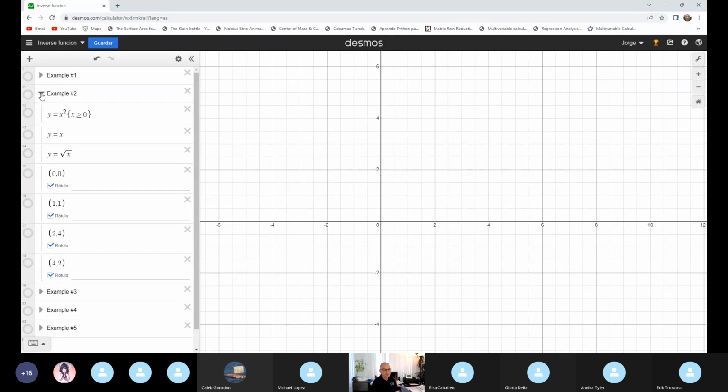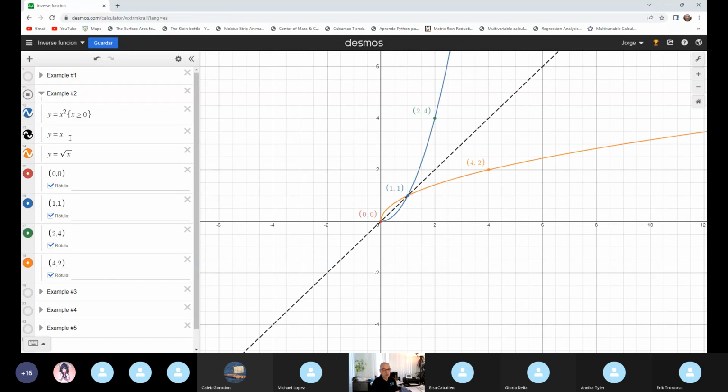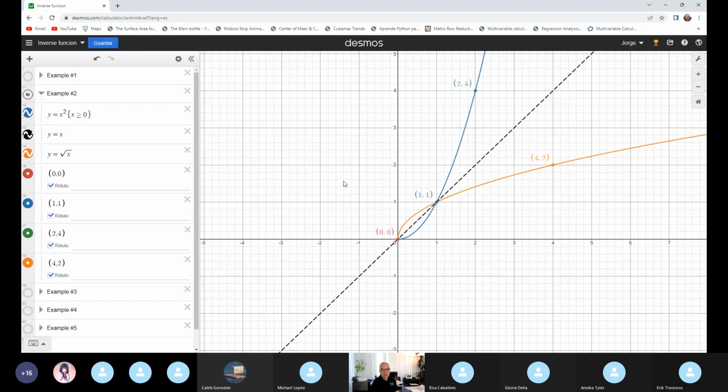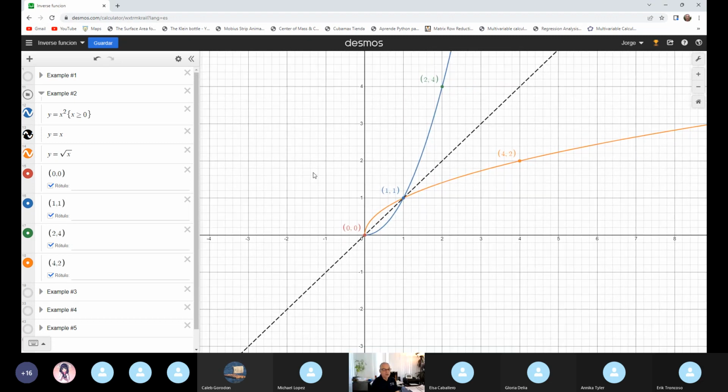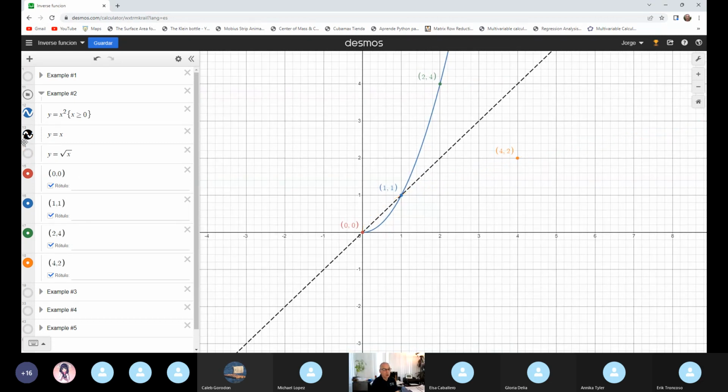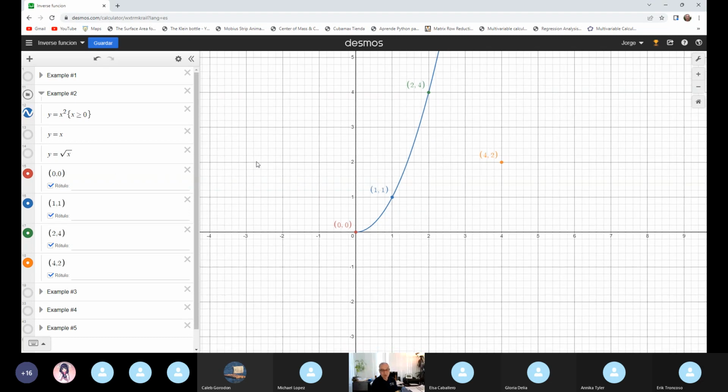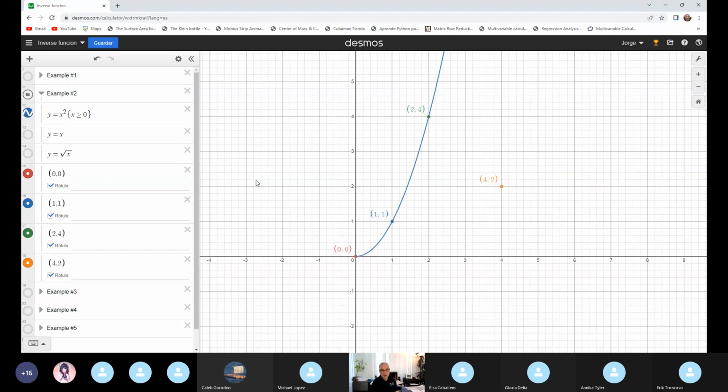Example 2. Okay, example 2 is a function x squared. Look, look at that. X squared is the blue function. Okay, and 3 points in the positive part, of course, because remember the restriction. In the positive part, we have the 0,0 because 0 squared is 0, no? And 1,1 is a coincidence because 1 squared is 1.